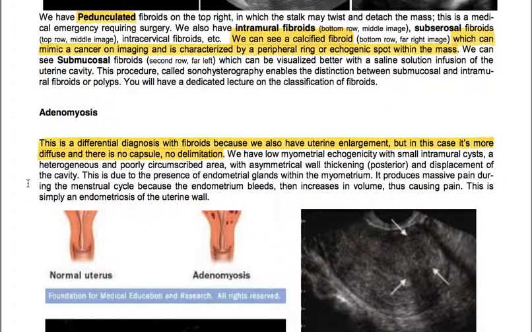This is due to the presence of endometrial glands within the myometrium. It produces massive pain during the menstrual cycle because the endometrium bleeds, then increases in volume, thus causing pain. This is simply an endometriosis of the uterine wall.